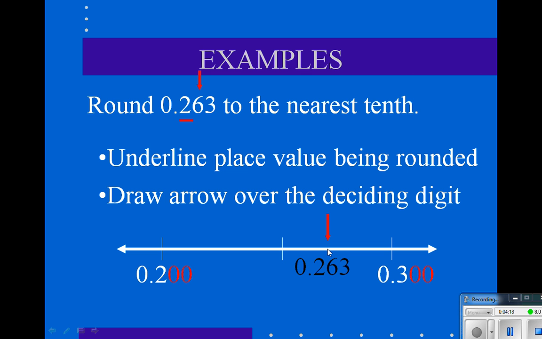If you look at that, it is closer to 3 tenths than it is to 2 tenths. Remember our poem, when you look at that 6, 0 through 4, just ignore. 5 through 9, we're going to add 1 more. So we're going to add 1 more to 2 tenths, and it's going to be 3 tenths.